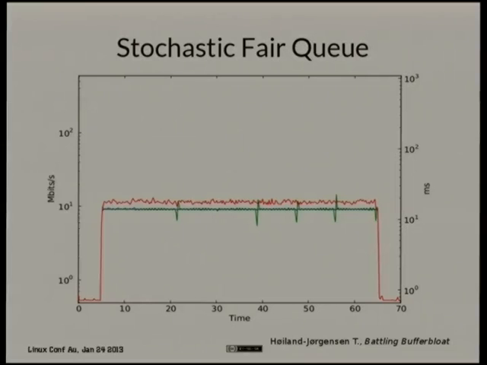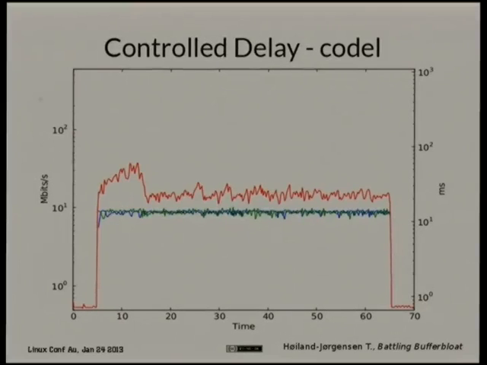Using stochastic fair queues, the multi-bottle thing, his 10 megabit upload and download were consistent, and the ping time was consistent. And the reason that happens is basically the upload and the download and the ping all basically get their own bottle. So each one's got their own separate slice of the network. The control delay, the one with the valve, gets a similar kind of response, but the ping starts to take a little longer at the front.